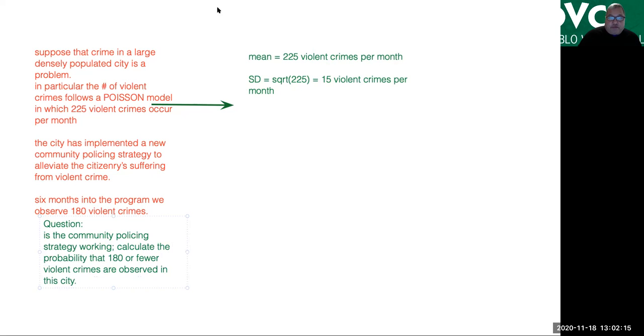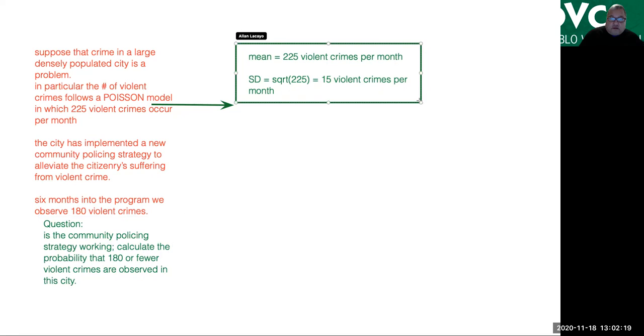So again, remember the mean is 225, and the standard deviation is the square root of that, or 15. So remember those two parameters of this model, and we're going to plug that into a normal story. Okay, so I'm going to draw the normal story here.